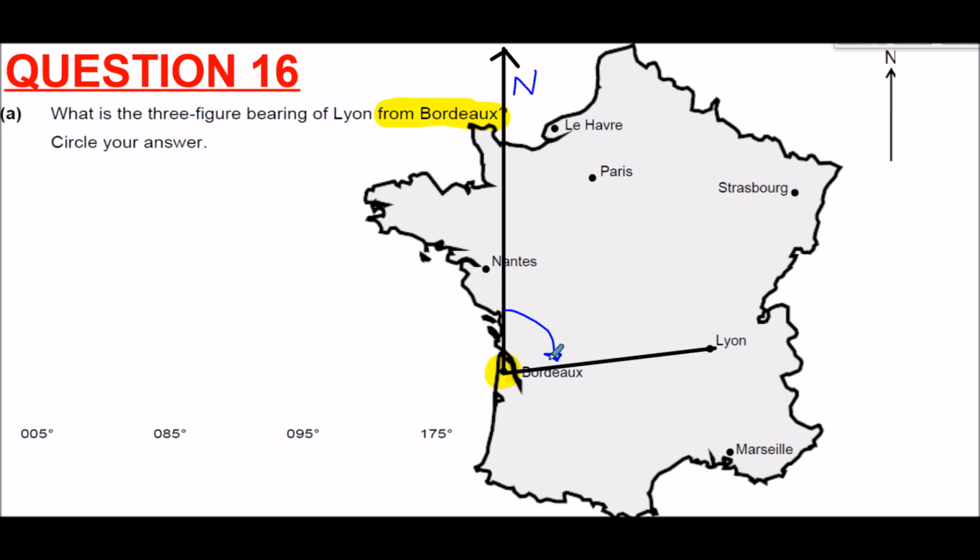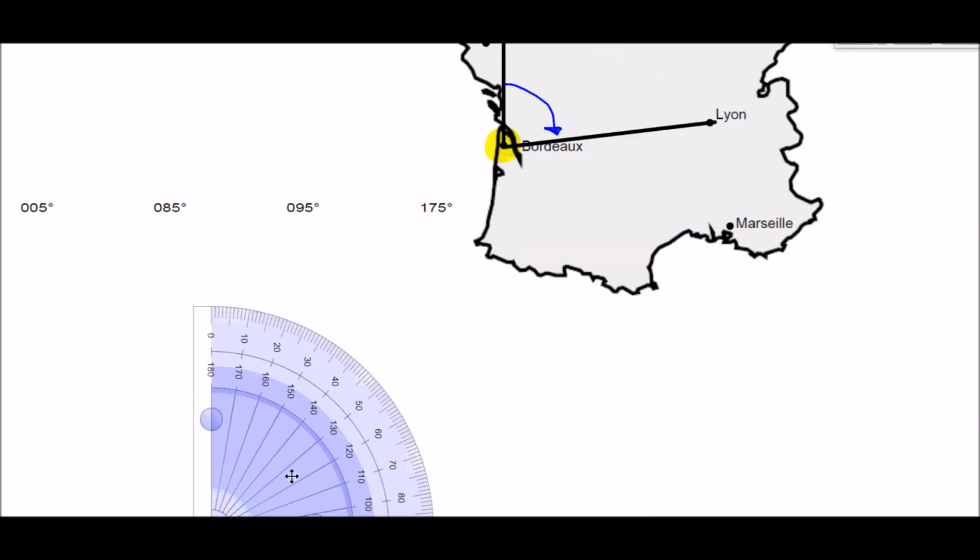Now you might be able to see that this angle here is just a bit less than a 90-degree angle. It's almost a right angle. So just by looking and thinking and applying what you already know, you should hopefully have a hunch it's going to be 85 degrees.